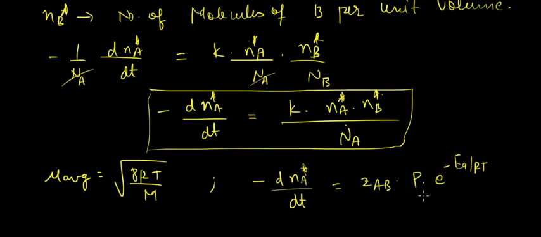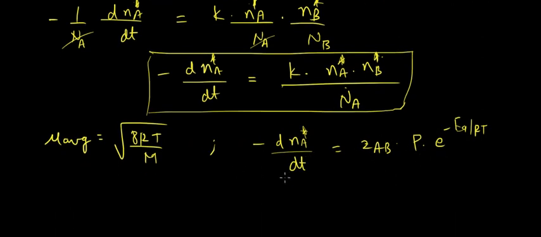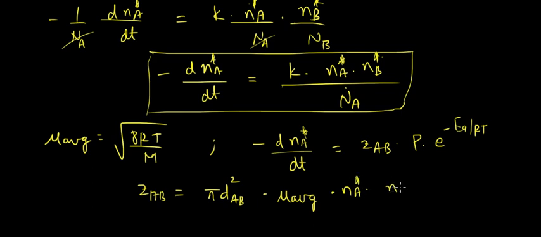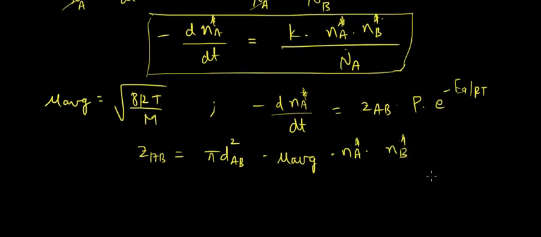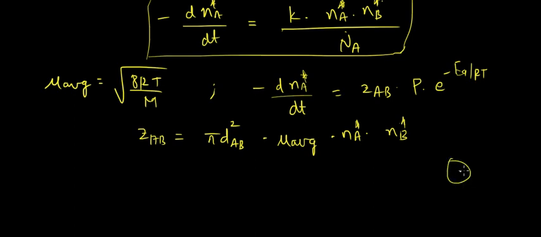Z is the collision frequency and ZAB, as seen in the KTG, would be equal to pi d squared, multiplied with U average multiplied with Na star into Nb star, where d is the distance between the centers of two colliding molecules A and B. This is dAB, which can also be written as collision diameter.